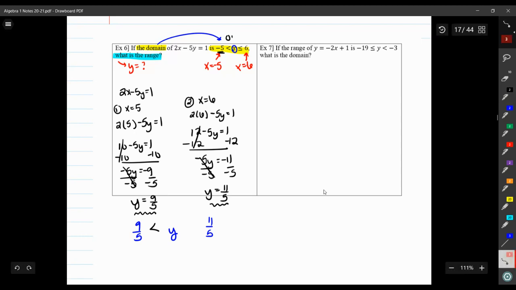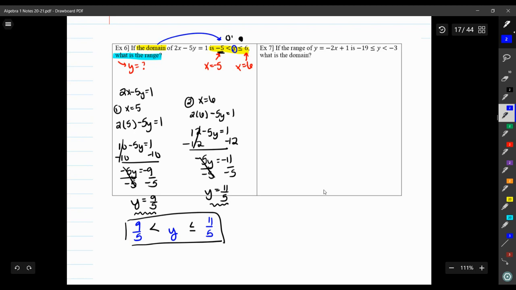Same kind of idea with the other boundary. This 6 had a less than or equal to, so that means that's a solid point. If this is a solid point for the 6, the x value, that means its corresponding y value of 11/5 is also a less than or equal to. This is your resulting range. 9/5 less than y, less than or equal to 11/5.